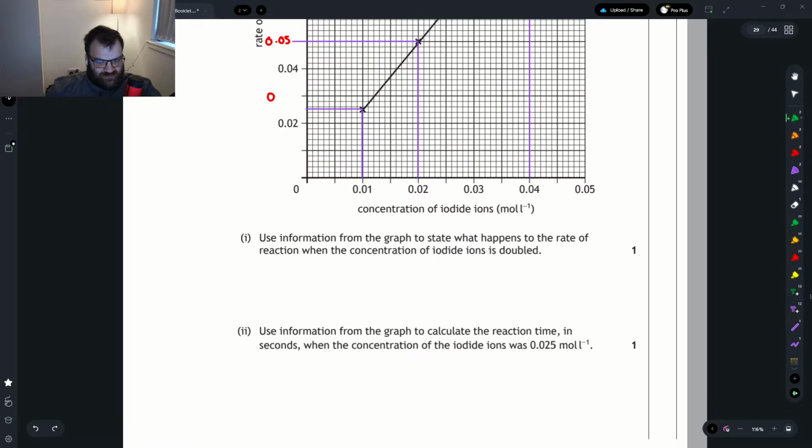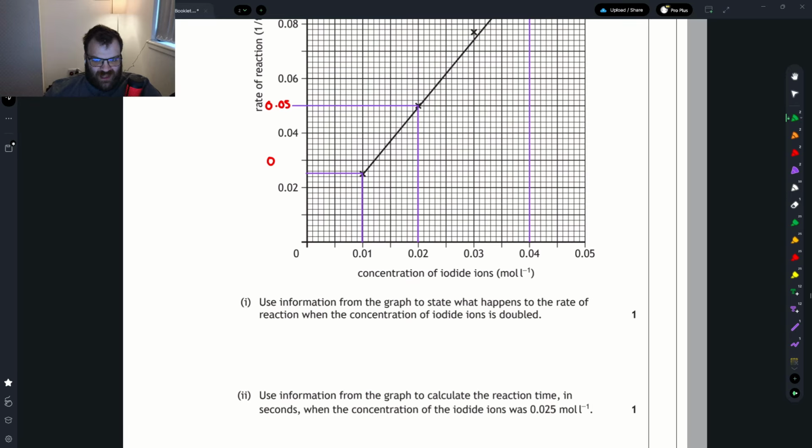So not all the points that you pick will match up lovingly and perfectly, but we are in that sort of ballpark doubling region. So I'm just going to go for it. Rate of reaction, I'm going to put roughly, because it doesn't fit at all the points. Roughly doubles. Let's go for that.